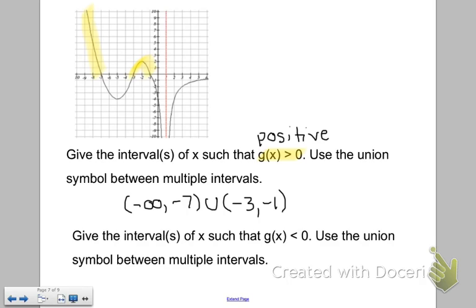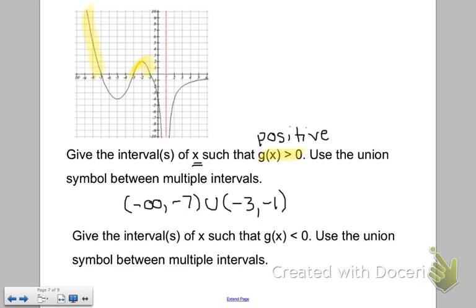Notice that when I'm writing my negative 7, my negative 3, my negative 1, I'm looking at my x values. A common mistake here is students start to convert over to y values. You've got to make sure that you're using your x values here.